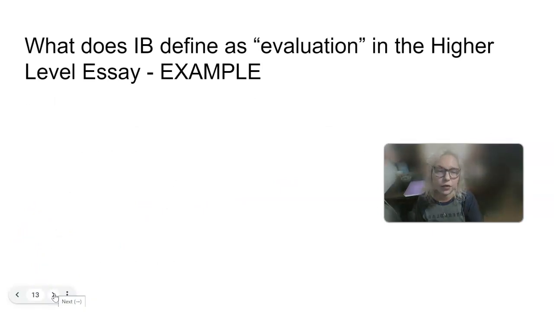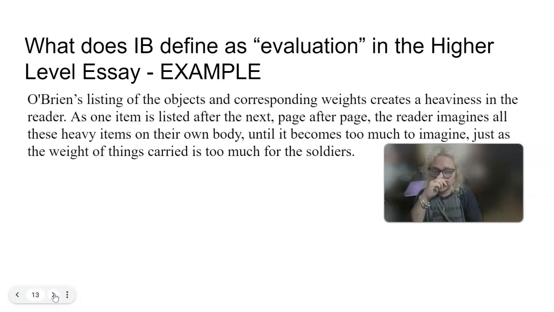An example of what we just saw, the list of all those different things the soldiers carry. Here's the evaluation. O'Brien's listing of the objects and corresponding weights creates a heaviness in the reader. As one item is listed after the next, page after page, the reader imagines all these heavy items on their own body until it becomes too much to imagine, just as the weight of things carried is too much for the soldiers.